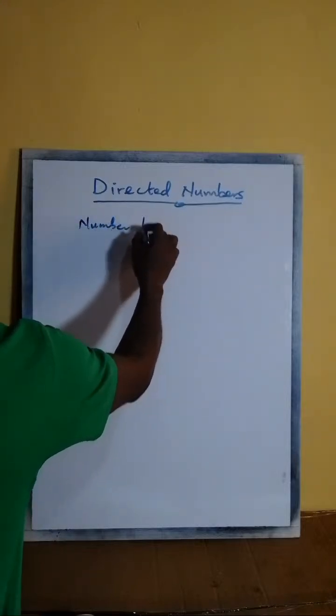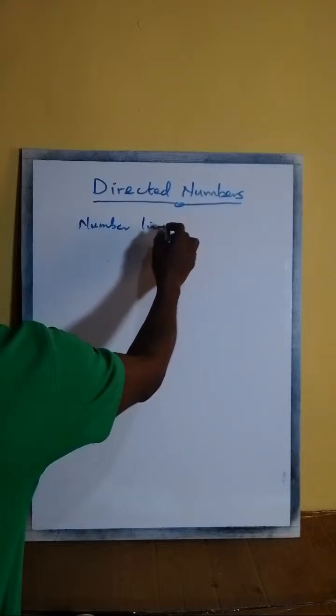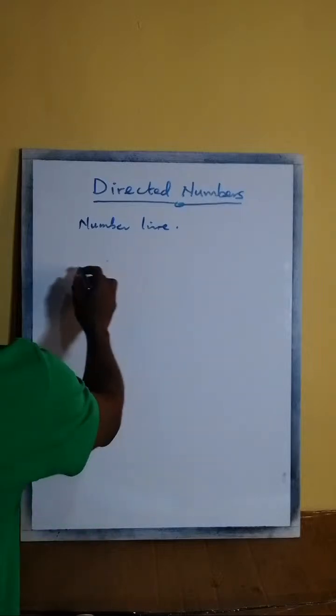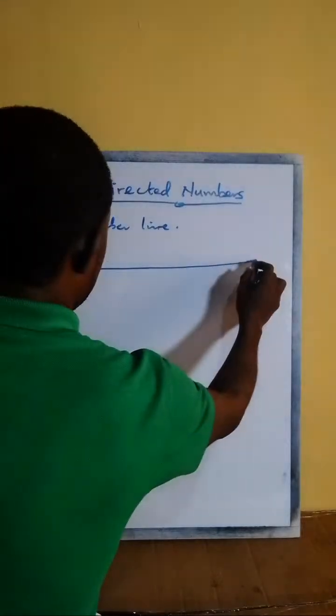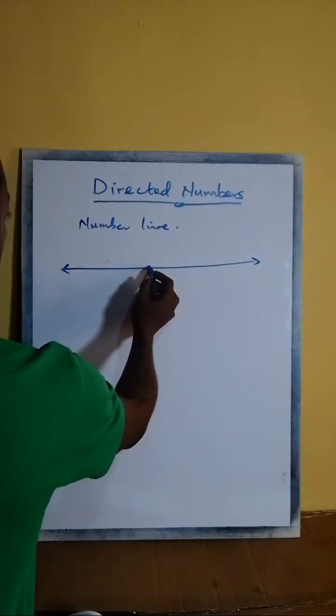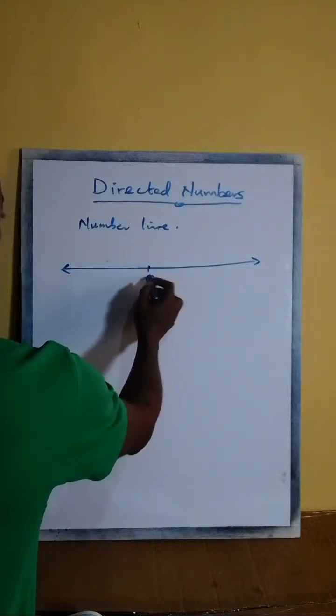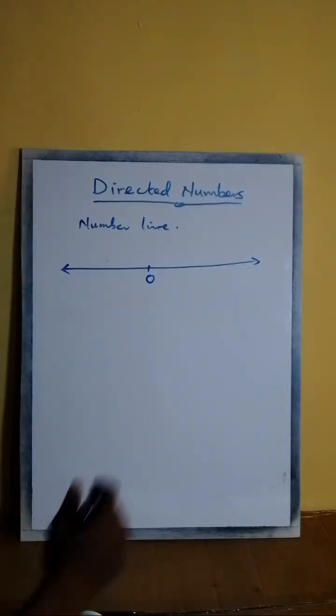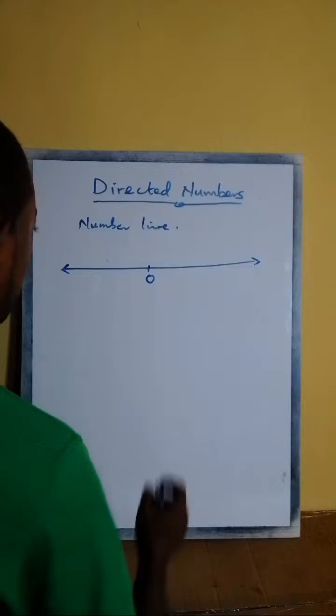So we want to make use of the number line here, and on our number line, the center is 0, then all the numbers to the right hand side are positive numbers.